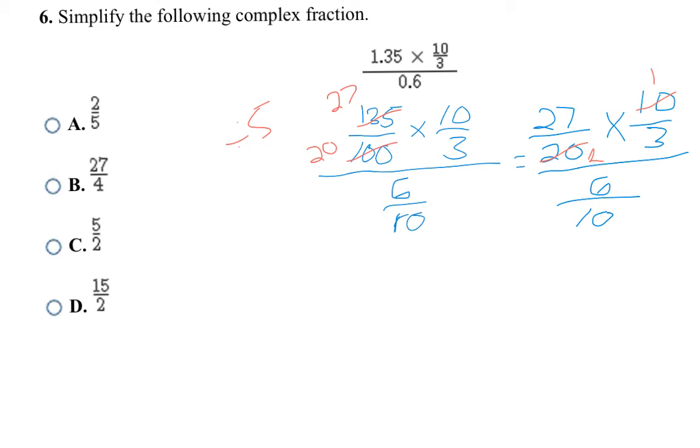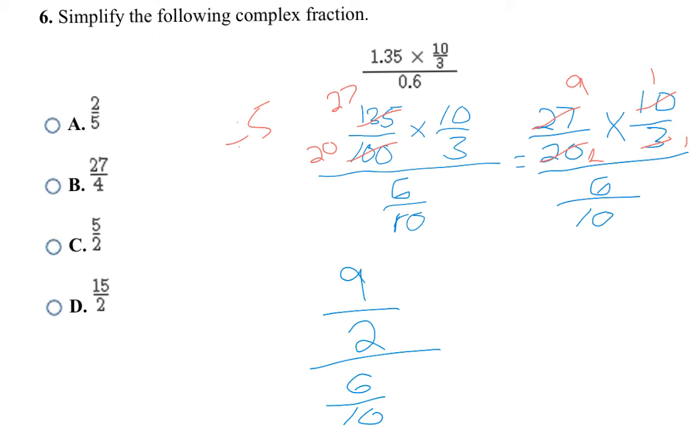I can also divide a 3 from the 27 and the 3. 27 divided by 3 is 9, and 3 divided by 3 is 1. So that gives me a lot of small numbers to work with. Like I said, you could multiply through first and then reduce. I just find that this is easier. So 9 times 1 is 9. And 2 times 1 is 2. And then I still have that all over 6 over 10.